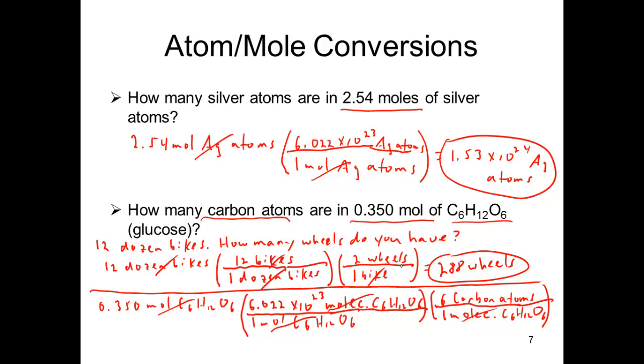So just like 1 bike had 2 wheels, 1 molecule of glucose has 6 carbon atoms. So if I have 0.35 moles of glucose, I have 1.26 times 10 to the 24th carbon atoms.